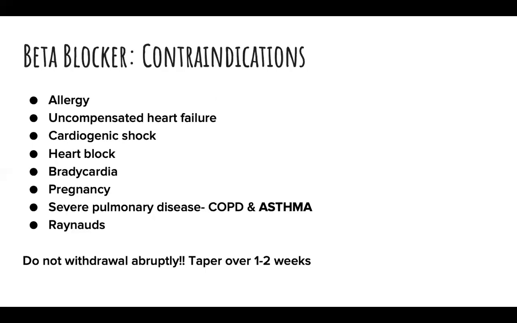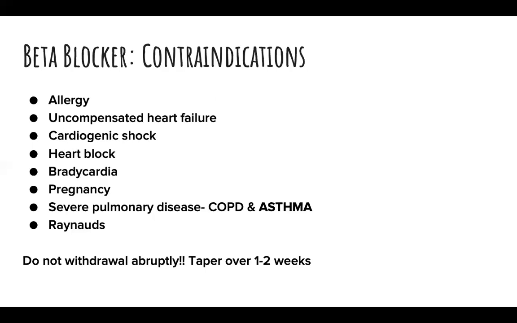Now, a little point at the bottom, which is a really big point, is that we never want to stop beta blockers abruptly. So that would be I'm taking beta blockers consistently for 5 years, and then I stop them right away.